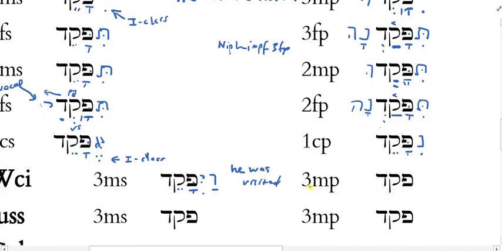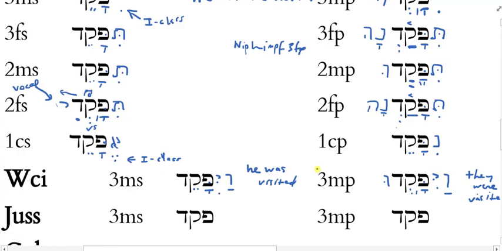Okay? And for the 3MP, it's vayyipaqedu with the special vav pointing. And that's they were visited. Same translation value in terms of the pastness of WCIs, but the Niphal adds the passive notion.